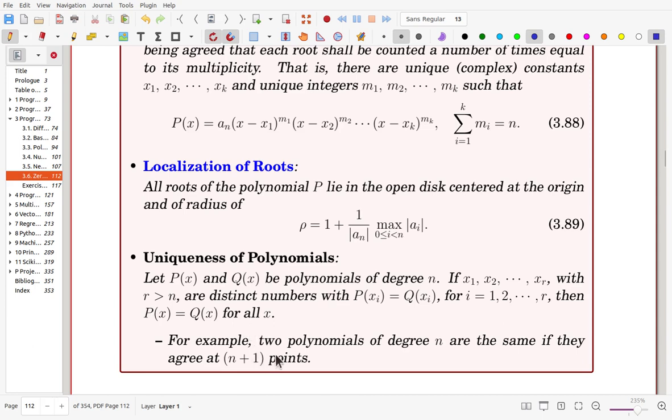In particular, two polynomials of degree n are the same if they agree at n plus 1 points. So the values at n plus 1 distinct points will decide a polynomial of degree n uniquely.